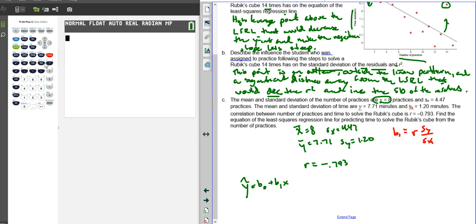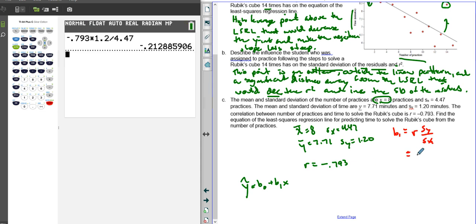So that's going to be negative 0.793 times the standard deviation of our Y's, which is 1.2, divided by 4.47. What we get then is going to equal negative 0.213.